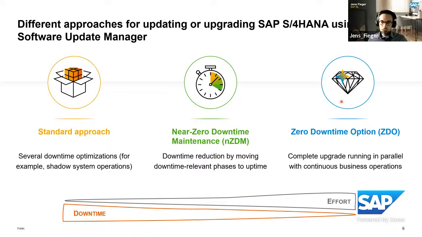Just some keywords here: the number of test cycles, maybe, but also the tests as such that you have to do along with the upgrade and throughout the project, etc. So here we see a clearly higher effort. The more you want to optimize the downtime, the more effort you have to put in.